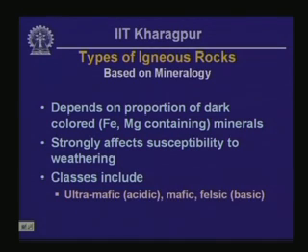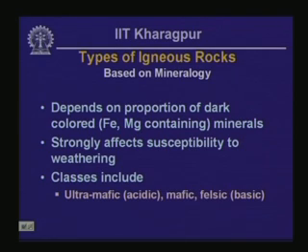I also indicated that this proportion of felsic and mafic mineral within a rock strongly affects the susceptibility of a rock to weathering, because the constituent minerals have different susceptibility to chemical weathering.